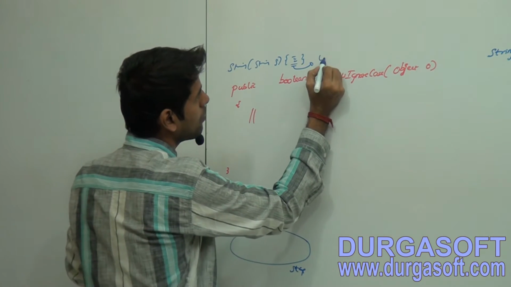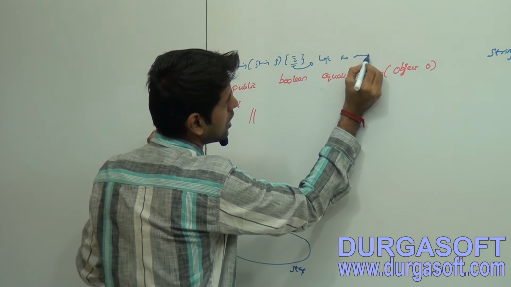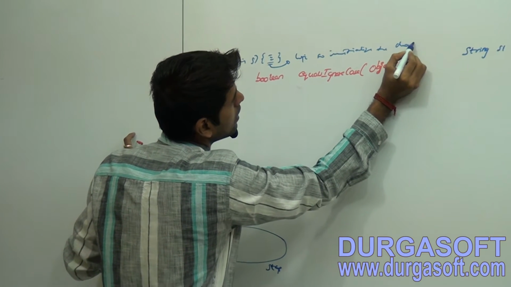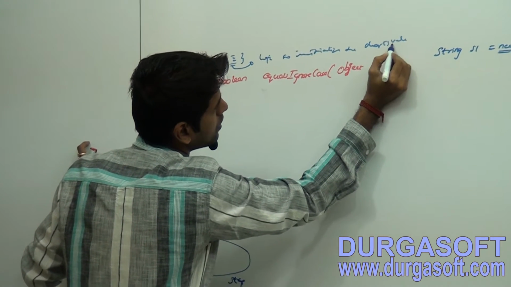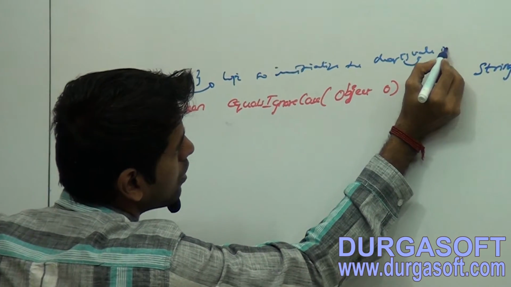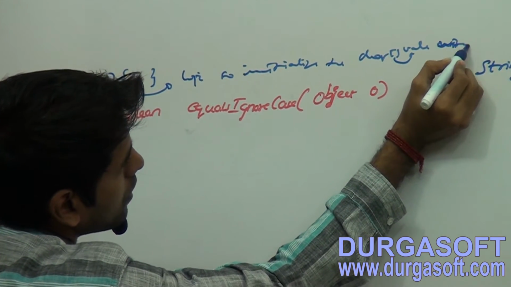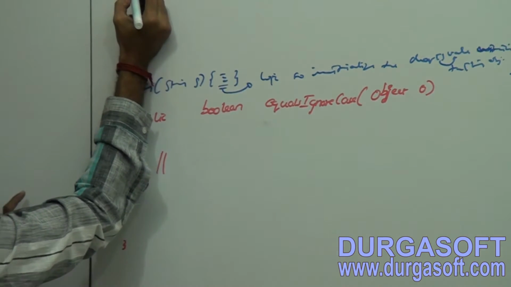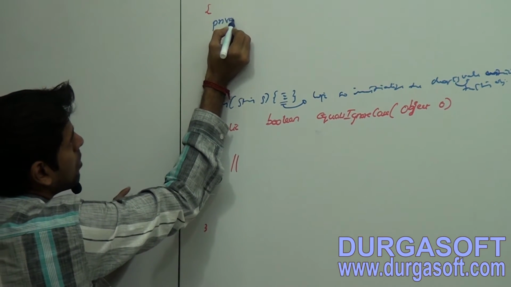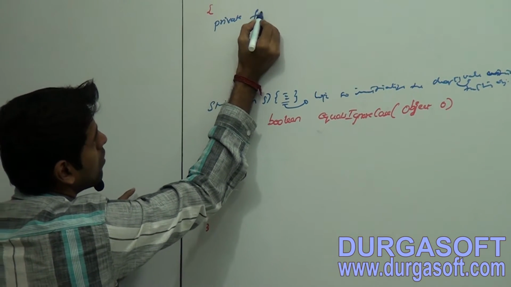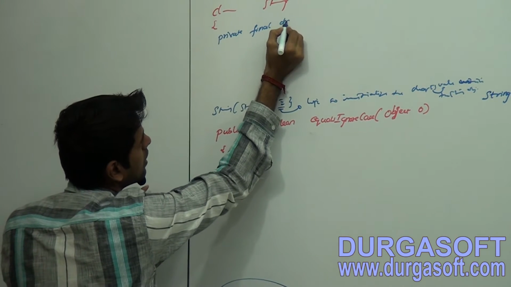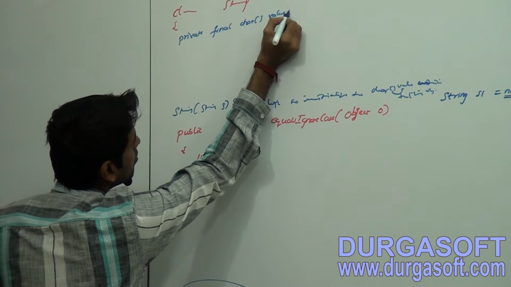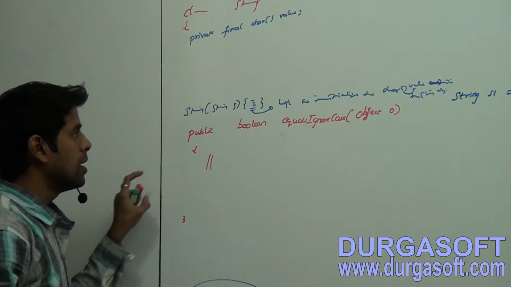Logic to initialize the char array, which is referred to with value, within the string object. Observe here, we have one private final instance array, that is a primitive char array.